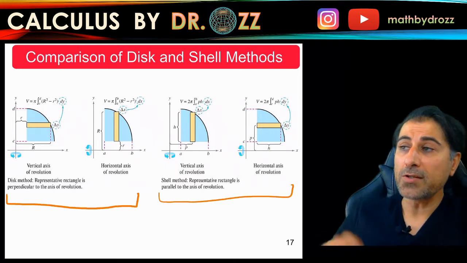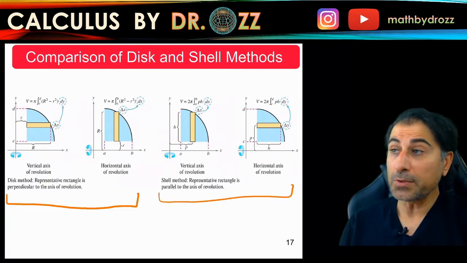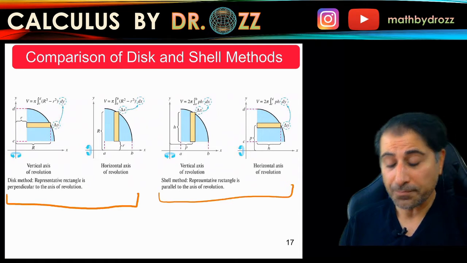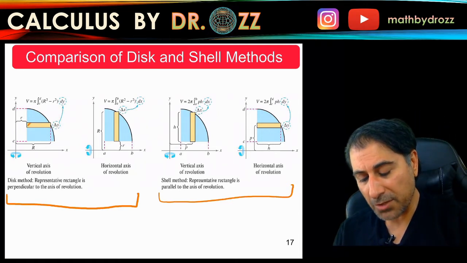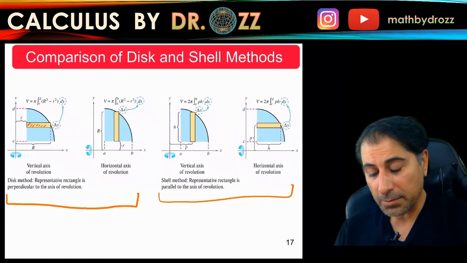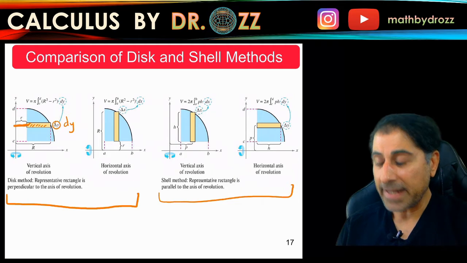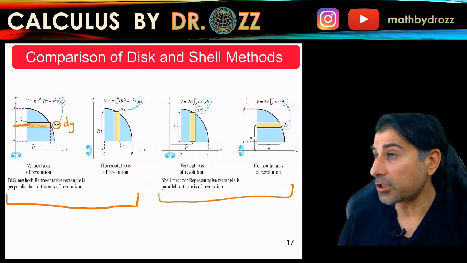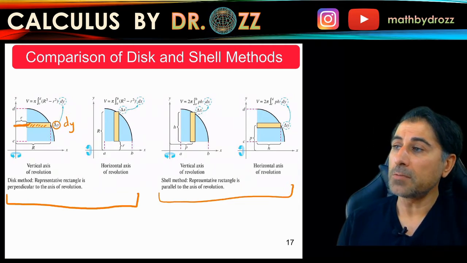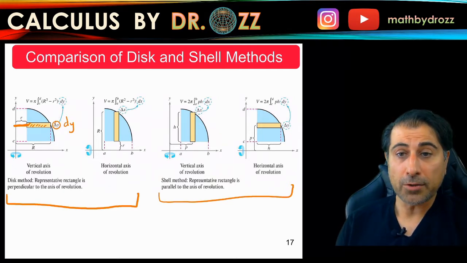In the disk method, we always take representative rectangles perpendicular to the axis of revolution. This is the reason why we took this type of representative rectangle, and that comes with thickness dy. Since we have a hole between the axis and the rectangle, we're going to have a washer. So the volume of the representative washer is determined by inner and outer radii.